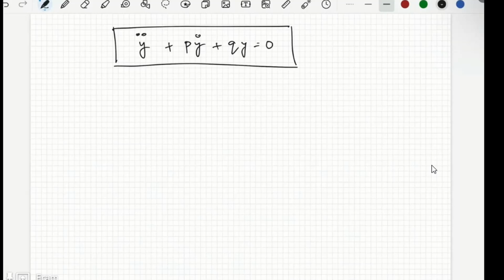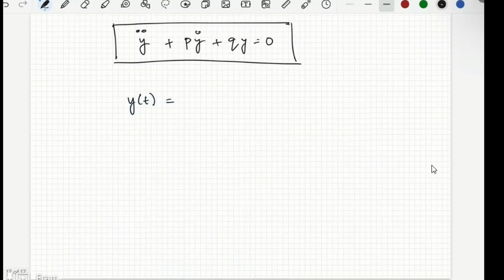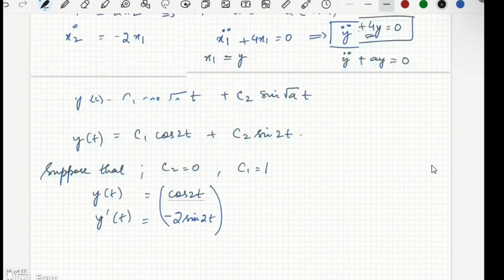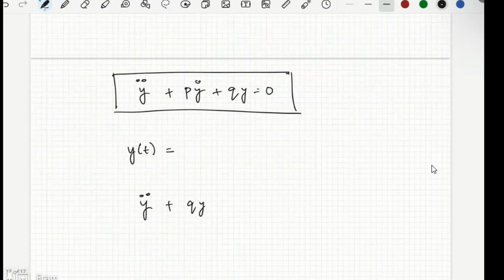If we have this type of second order differential equation, what is the general solution y of t? And you can also find out the general solution for y double dot plus qy that we have already seen over here.